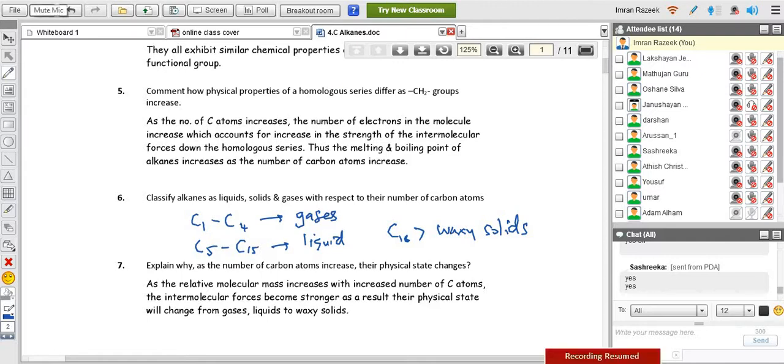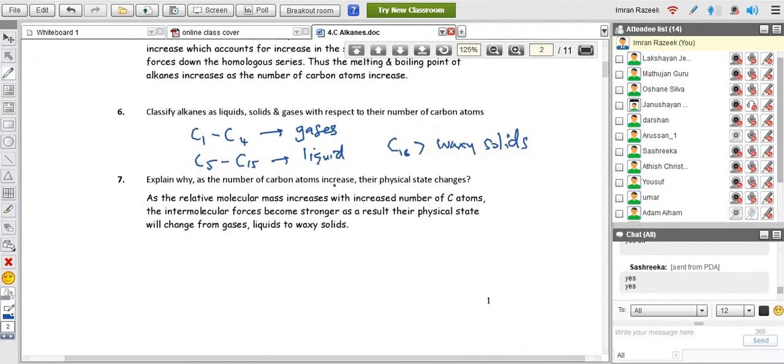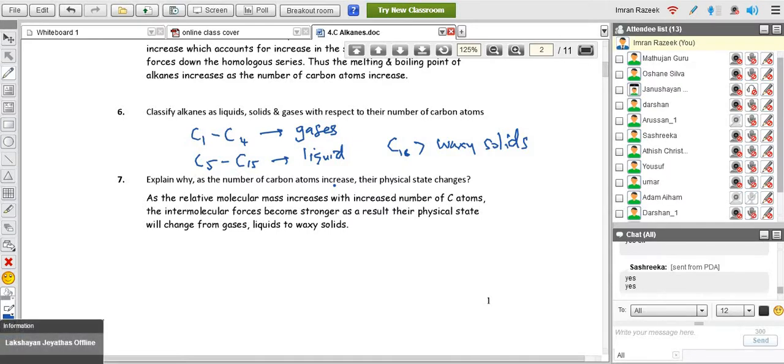So the reason why the physical state changes as the number of carbon atoms increases is because of the strength of the intermolecular attractions. In fact, there are different types of intermolecular attractions here. Of course, the main attraction is dispersion forces, which I'll be explaining under intermolecular forces later on. And for the time being, remember that as a molecule becomes larger in size, it has more interactions.